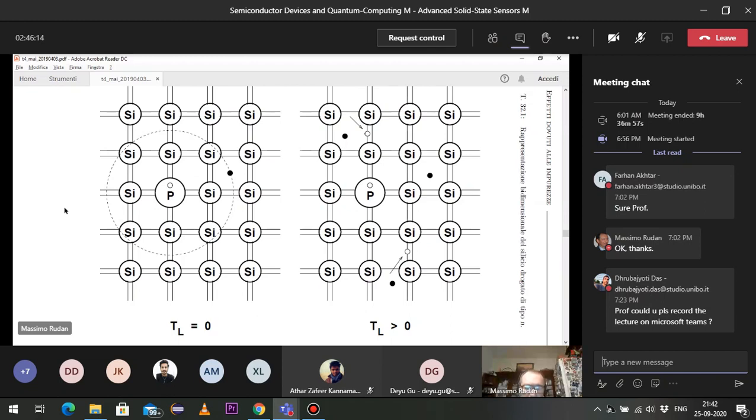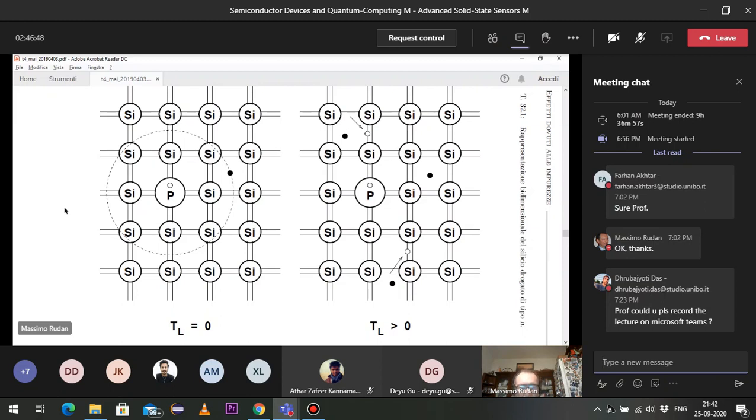Now, an atom of phosphorus has 5 electrons in the external shell, okay? Because phosphorus, you remember, belongs to the 5th column of the periodic table of elements. What does it mean? It means that when the phosphorus atom is introduced into the silicon lattice, 4 out of the 5 external electrons of phosphorus form the bonds with the silicon atoms, okay?